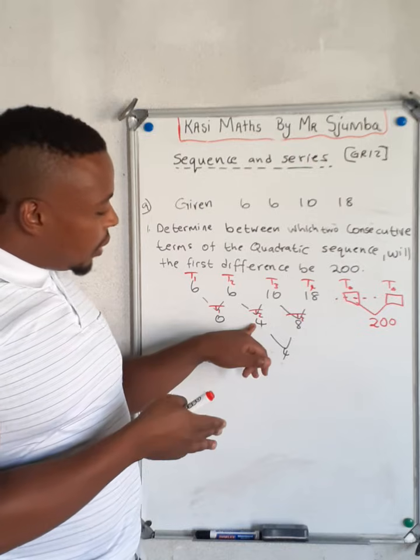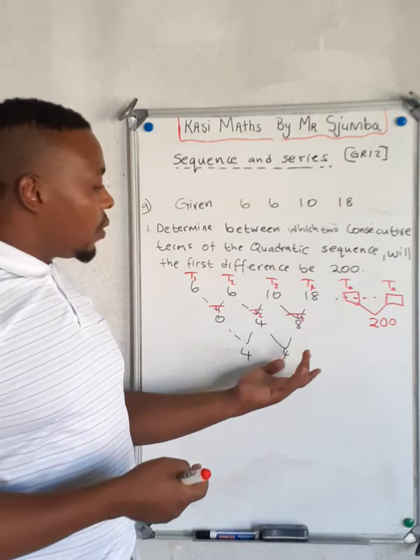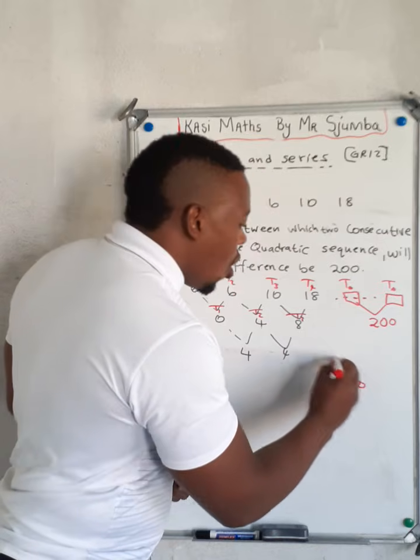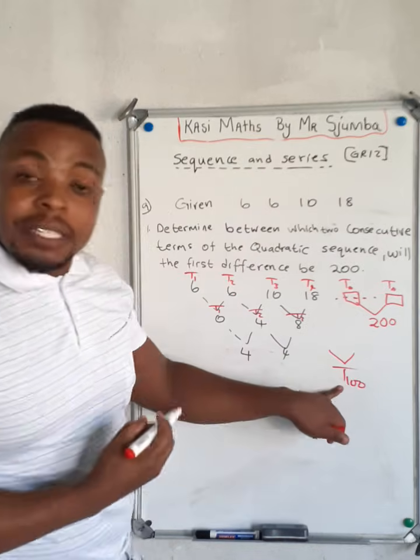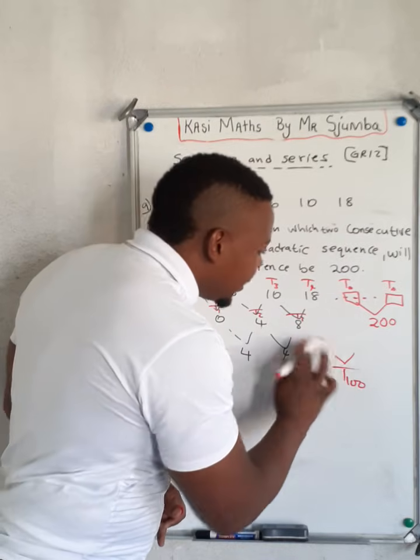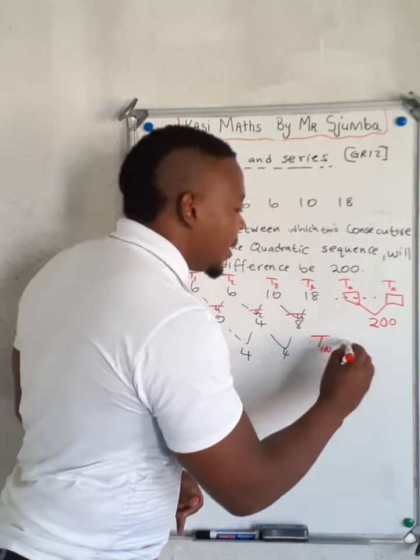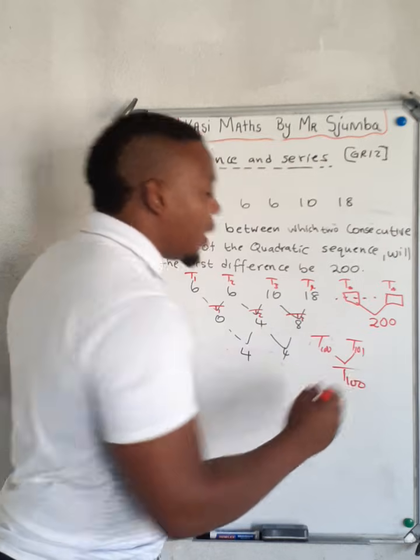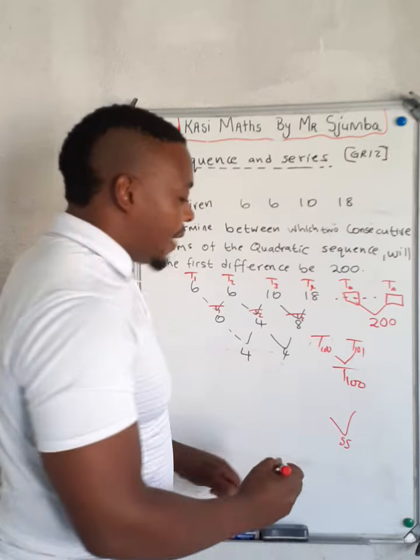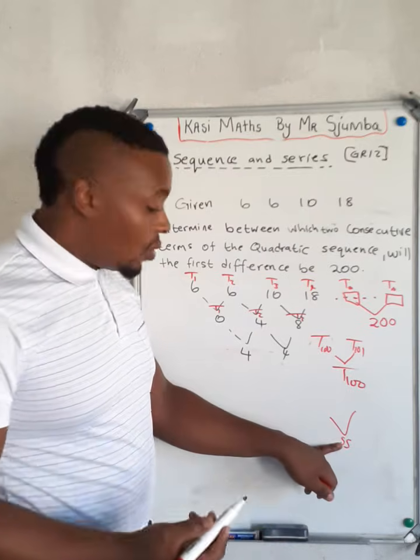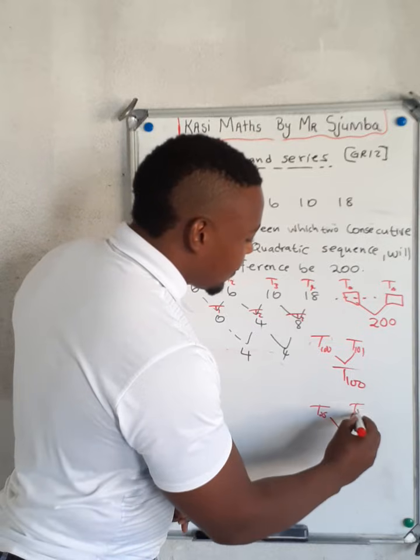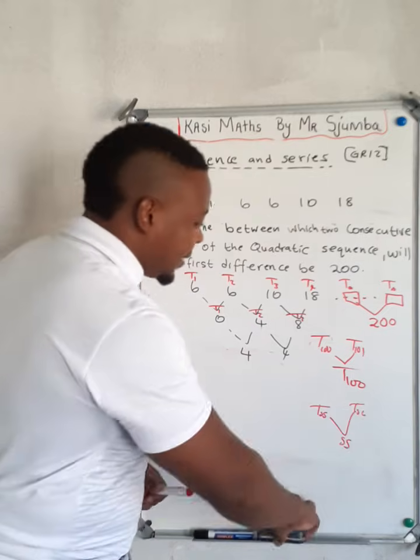So if we're looking for term 100 of the first difference, it is between term 100 and term 101. Term 55 of the first difference will be between term 55 and term 56.